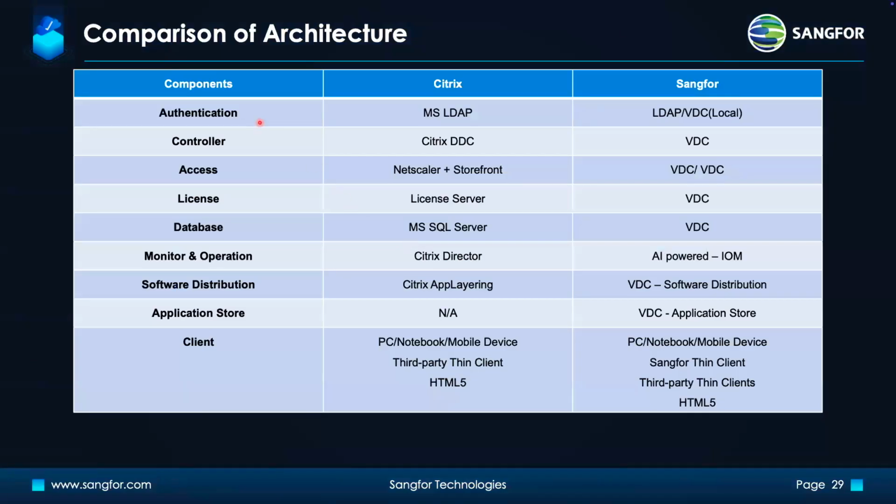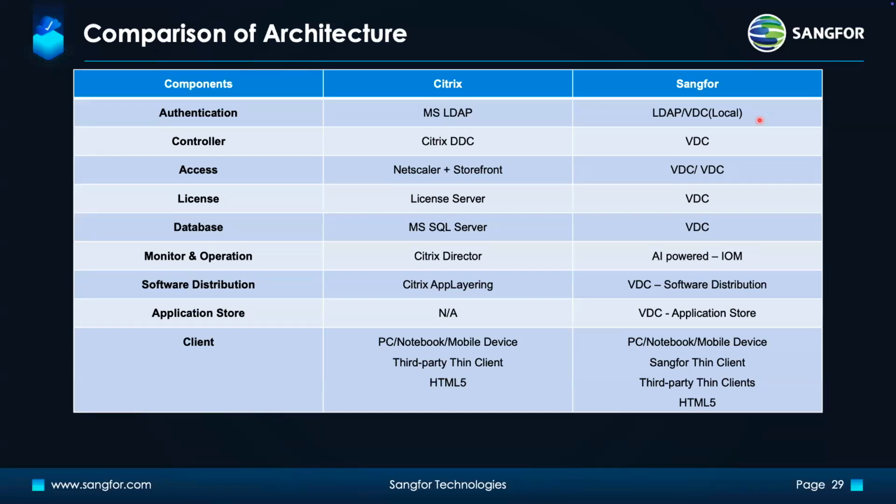So first thing, authentication. Citrix supports LDAP, whereas we support LDAP and local. So what is the use case of having the local username or authentication? Let's say you have a temporary user, but you don't want to create a user account in the AD. You can create a user account on the VDC itself and provide access, at the same time having full control over what that user can do.